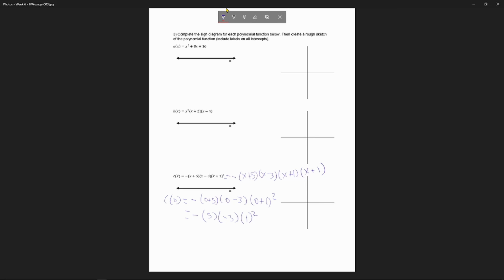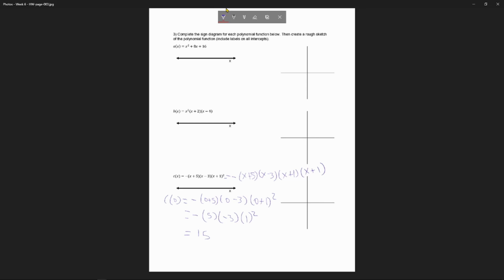So negative 3 times 5 is negative 15, and then we have a negative on the outside, which would make it a positive 15. And then 1 squared is just going to be 1, so this will be a positive 15.